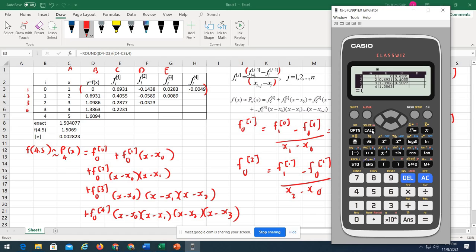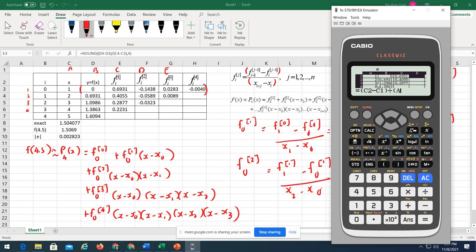Column D depends on column C, the next row, which is C2. So equal, C2 minus C1, then divide. X is column A, so alpha A.